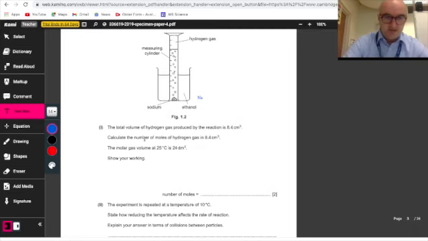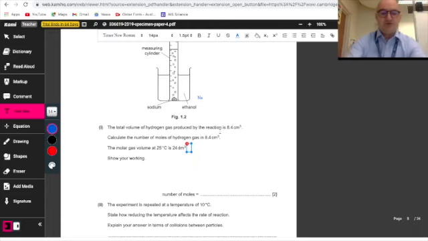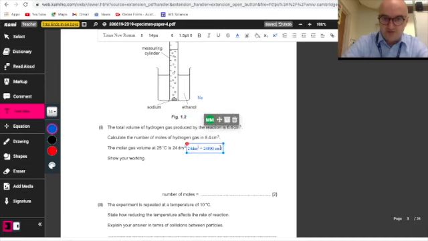Calculate the number of moles of hydrogen gas. The molar volume of the gas is 24 dm cubed. Now 24 dm cubed is the same as 24,000 cm cubed, because 1 decimeter cubed is 10 to the power 3 cm cubed.